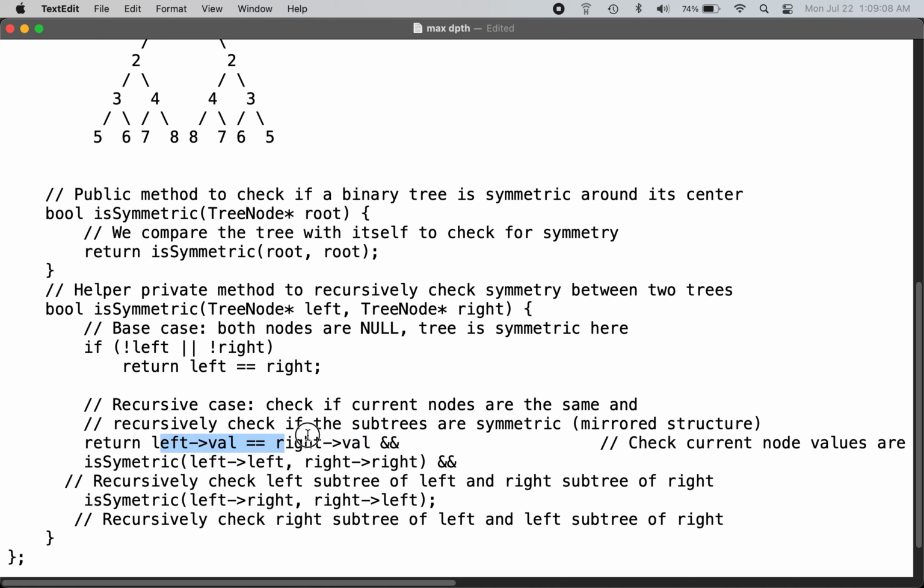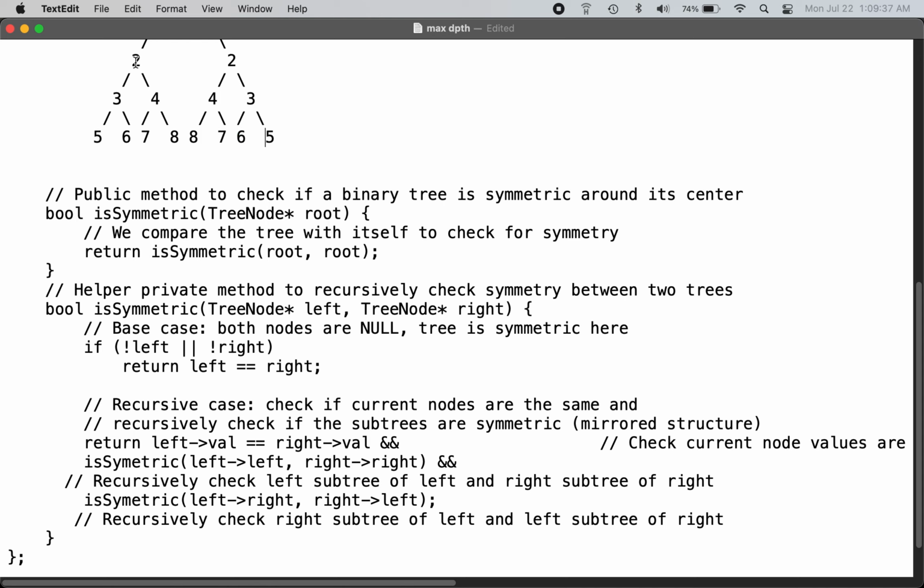And then if this condition is satisfied, you have to check whether left dot left equals right dot right. If you are checking these two, you need to make sure that the 3 5 6 tree is symmetric with 3 6 5.